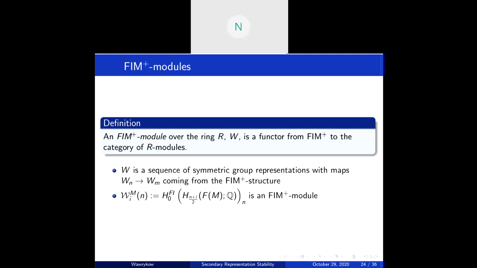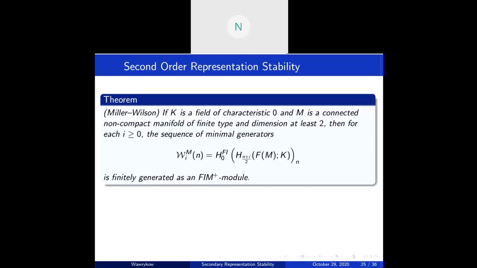And for higher homology groups, well, you're not going to be getting anything new there, if you're just increasing the number of points by 2 and the homological degree by 1. So these are going to be our FIM+ modules, and the FIM+ modules we care about. And this now allows us to state second order representation stability.